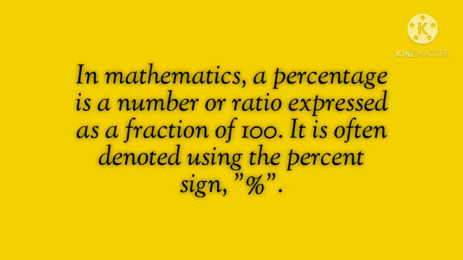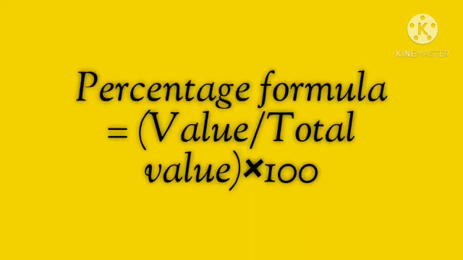So, in mathematics, a percentage is a number or a ratio expressed as a fraction of 100. It is often denoted using the percentage sign. The formula to calculate percentage is equal to value divided by total value multiplied by 100.